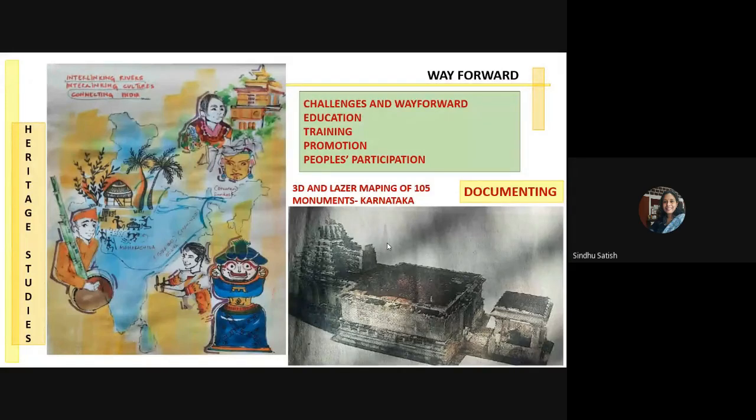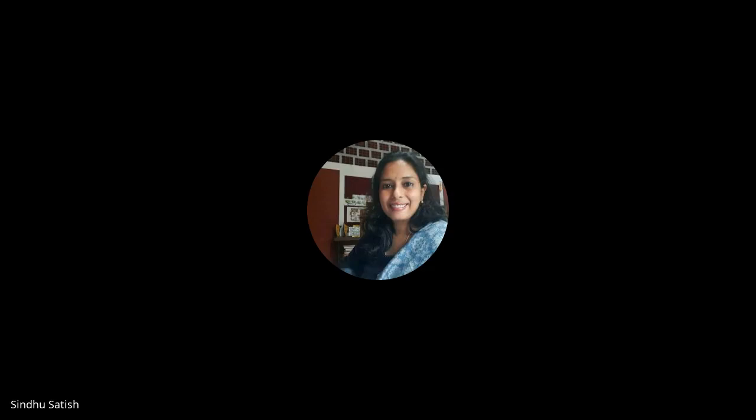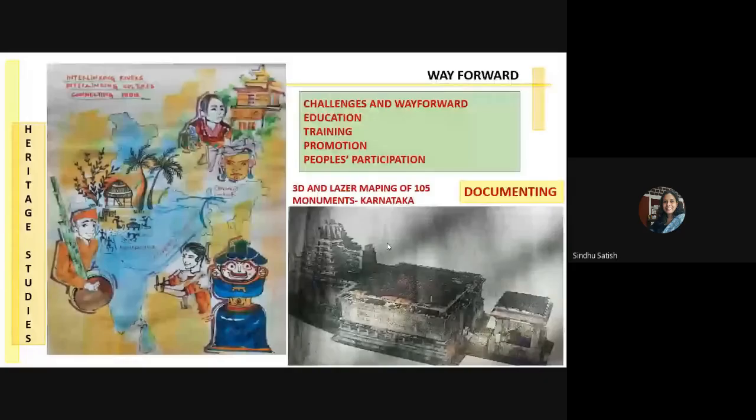But fortunately, in the current times, government and a lot of other INTACH and ASI organizations are taking up a lot of 3D and laser mapping, documenting these built heritage sites that we have, and a wonderful advanced technique that they have come up with, where it largely does this documentation with perfection. So human error is also very, very less.